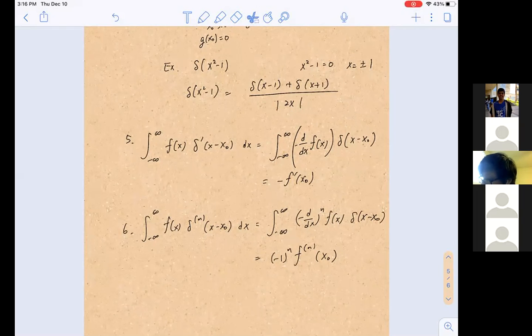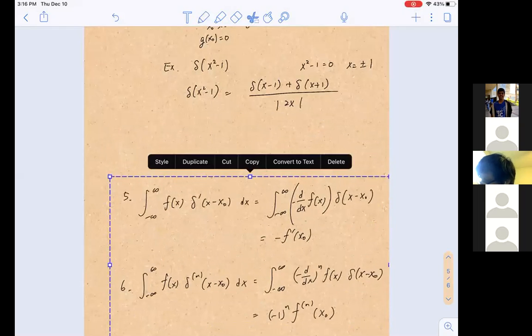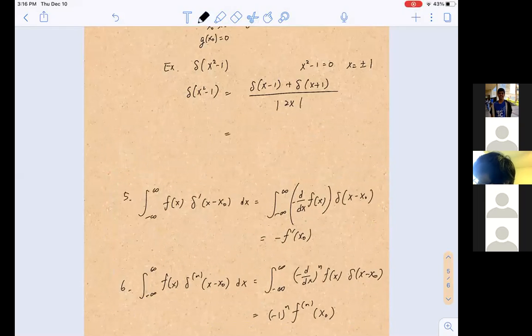Okay, so let me write that down. Thank you. So this is delta x minus 1 over 2 plus delta x plus 1 over the absolute value of negative 2. So it's still 2, but because I plugged in x equals negative 1, it's the absolute value of negative 2.